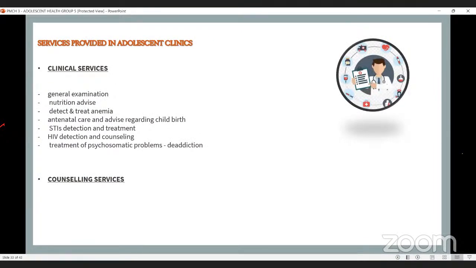The services provided in adolescent clinic services are the general examination, nutrition advice, detect and treat anemia, antenatal care and advice regarding childbirth, STIs detection and treatment, HIV detection and counseling, treatment of psychosomatic problems, addiction. Next.